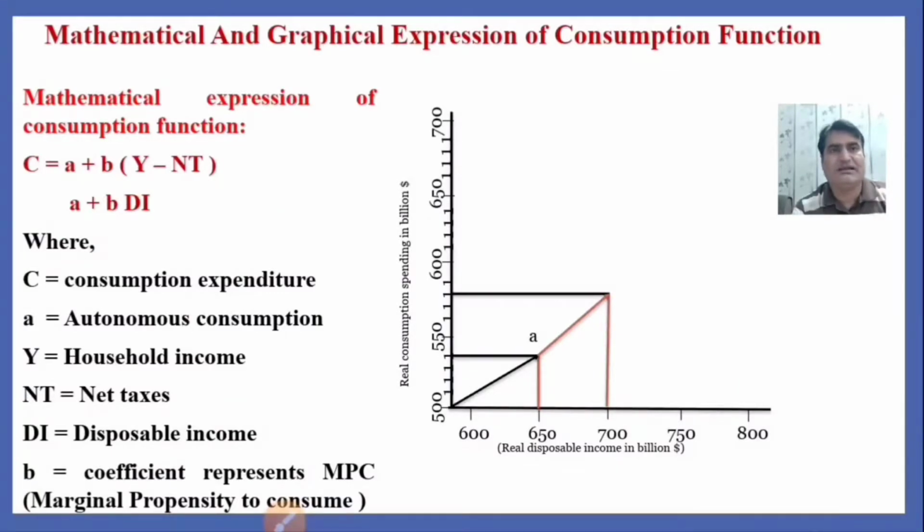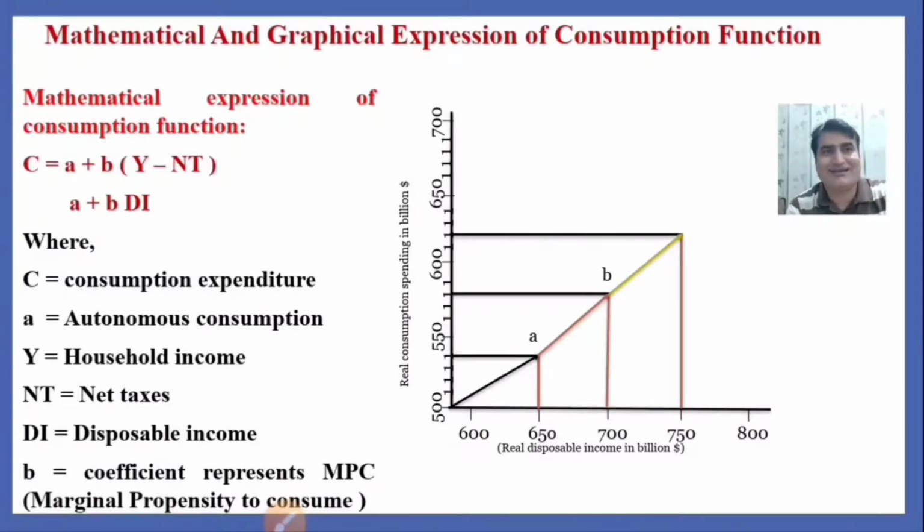At point A the income increases from $650 billion to 700 billion. It means a $50 billion increase in real GDP causes the economy to increase expenditure from 540 to 580 billion dollars at point B. Likewise, as the income increases from 700 to 750, the expenditure increases from 580 to 620 billion dollars.